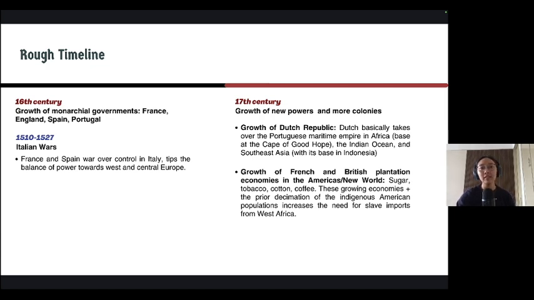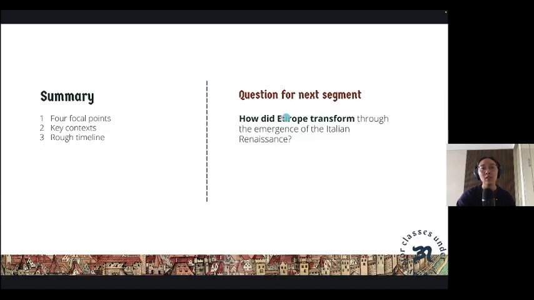So it's really a mixed bag. As much as we celebrate the Renaissance for its intellectual artistic developments, we can't forget the atrocities that also happened alongside that process.